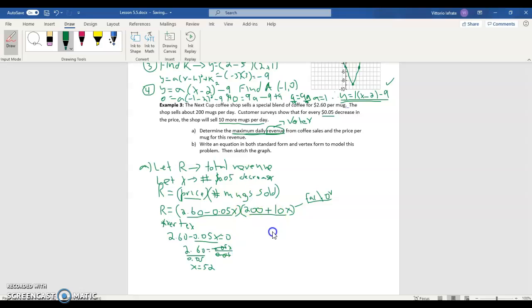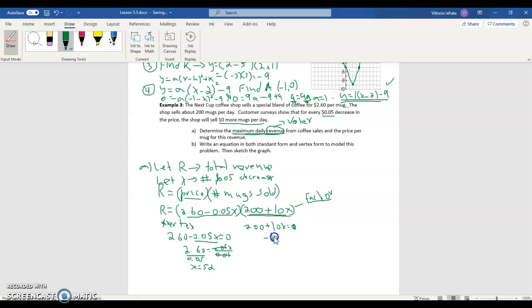And our other zero is going to be from this value over here. So 200 plus 10x is equal to 0. Isolate the 10x by doing the similar steps that we did in the previous example there.